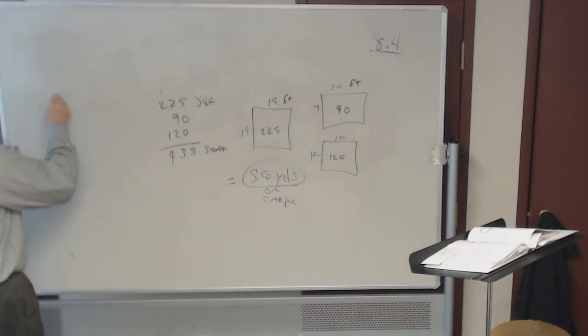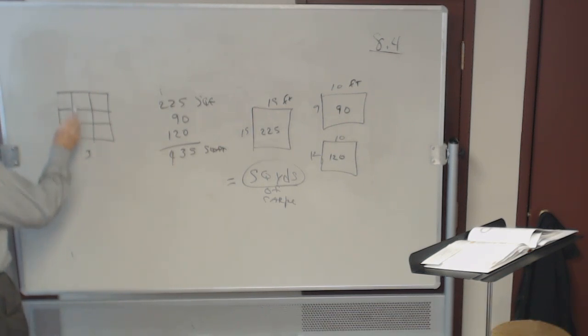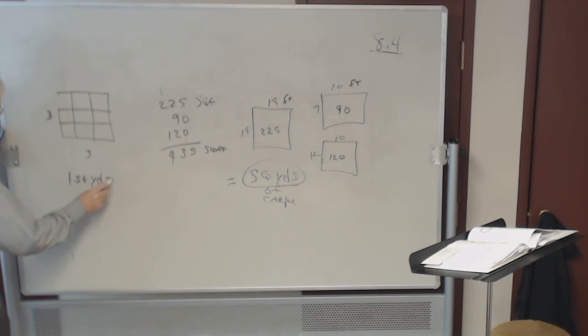How many square feet in a square yard? Isn't a yard 3 feet by 3 feet? So 1 square yard is how many square feet? 9. Nobody likes that.